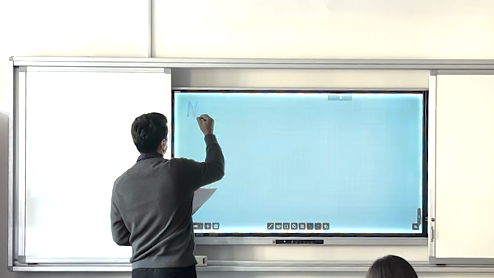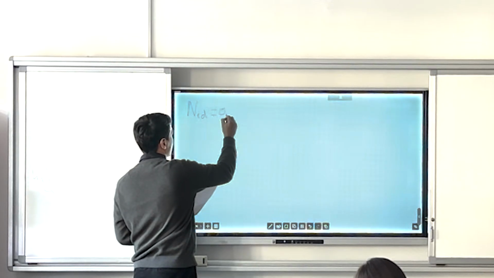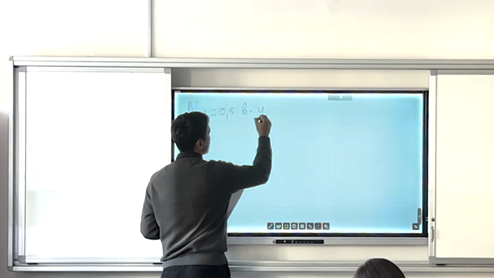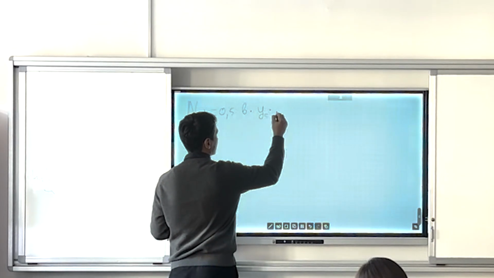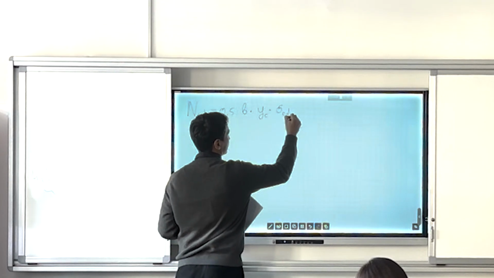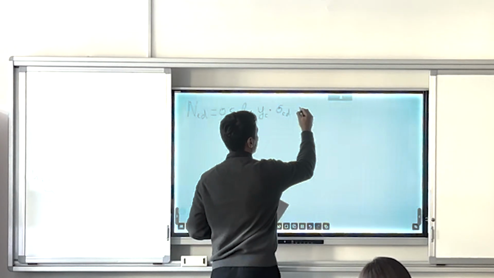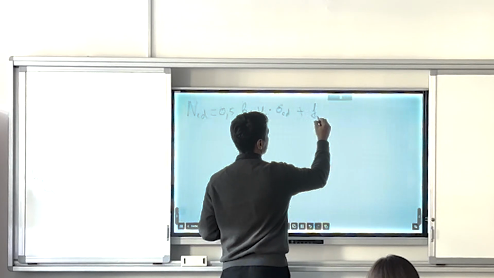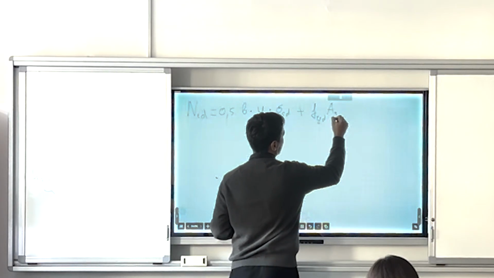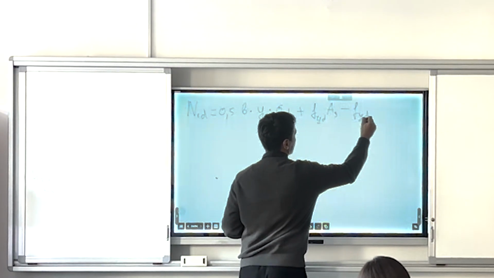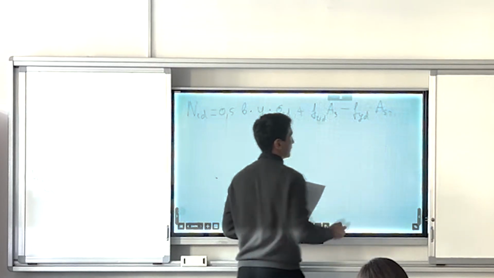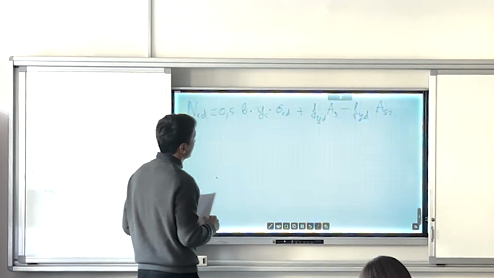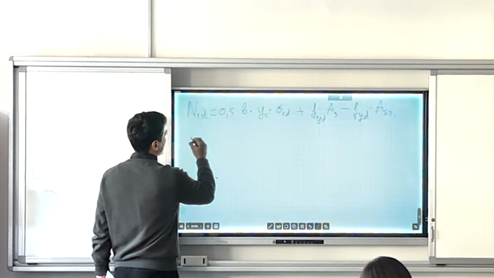We have NED equal to 0.5 multiplied by B multiplied by YC multiplied by sigma CD, plus FYD multiplied by AS1, then FYD multiplied by AS2. From here we just find YC.